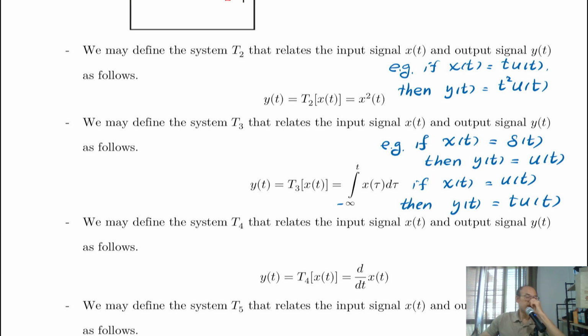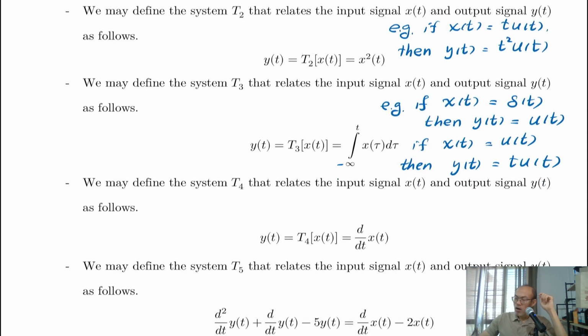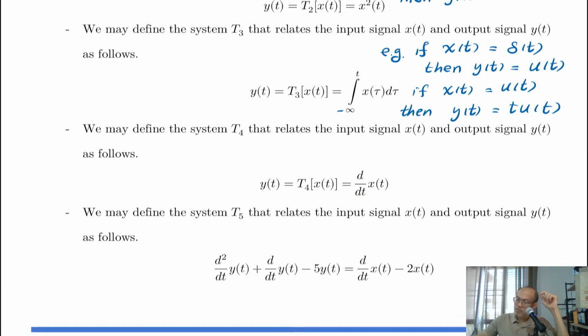etc. Right? Or another system called T4 takes the input signal and takes the derivative of the input signal with respect to time. For example, if the input is t u(t), then the output is u(t).